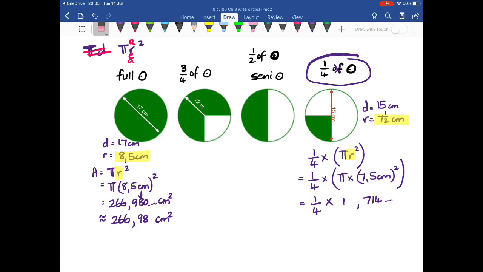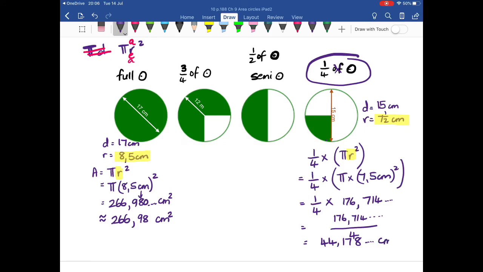Okay, let's just write this a little bit neater. 176. And now all I'm going to do is say 176,714 or whatever it was, and I'm going to divide it by 4, and my answer will be 44,178.